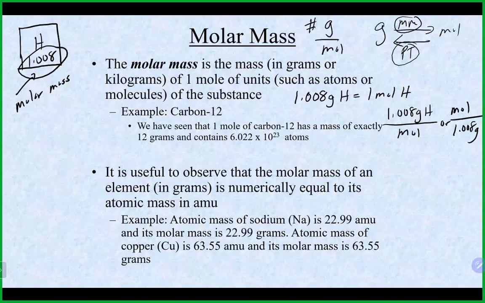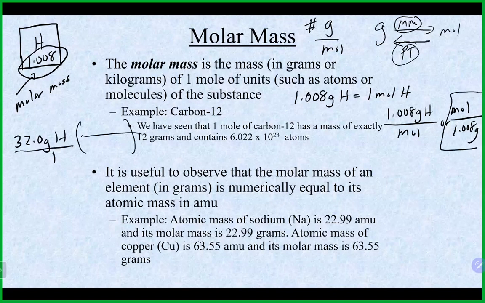How would we use it in a calculation? Just like any other dimensional analysis. So for example, if I had 32 grams of hydrogen and I want to know how many moles that was, I would use the molar mass. Again, just like dimensional analysis, grams are on top. So to get rid of it, I need grams on the bottom. I would go moles of hydrogen up on top, 1.008 grams of hydrogen on the bottom.